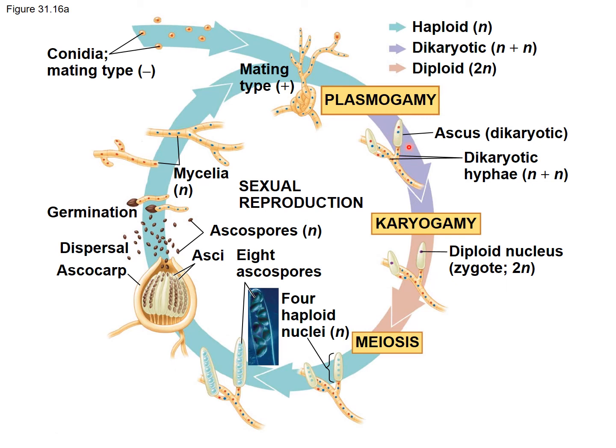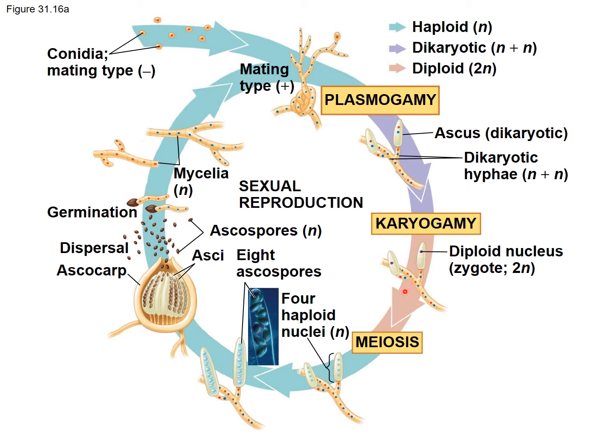This can last for a little bit of time, and then eventually those 2 haploid nuclei will fuse, and once they fuse, we could say that karyogamy has occurred, and now there are diploid nuclei in what will eventually develop into the asci.